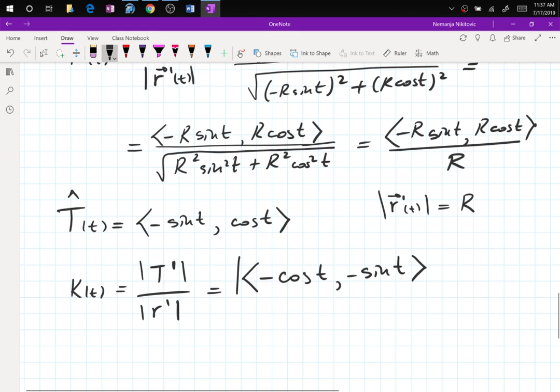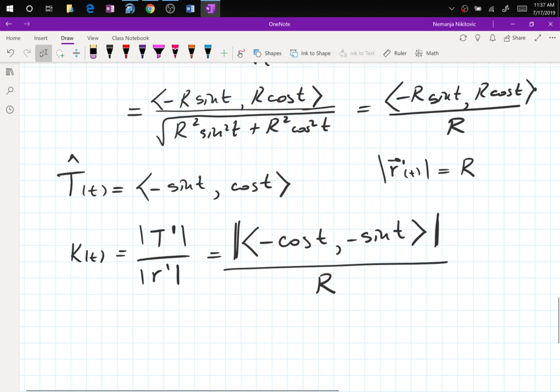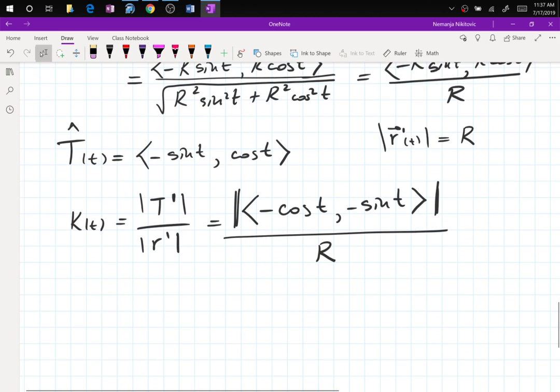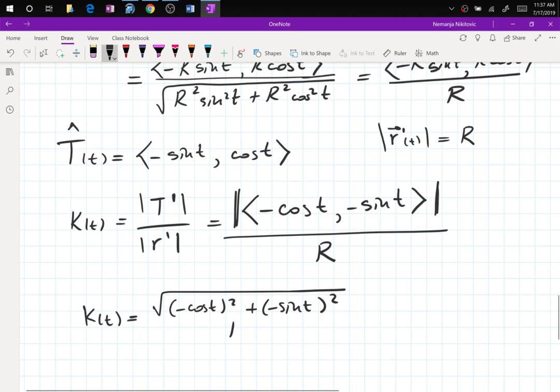And I need the magnitude of that divided by capital R, which is the magnitude of r prime. I already have that. Now the magnitude on top is the square root of these guys squared. So I have negative cosine t squared plus negative sine t squared, divided by R. And the whole thing works out to be 1 over R.